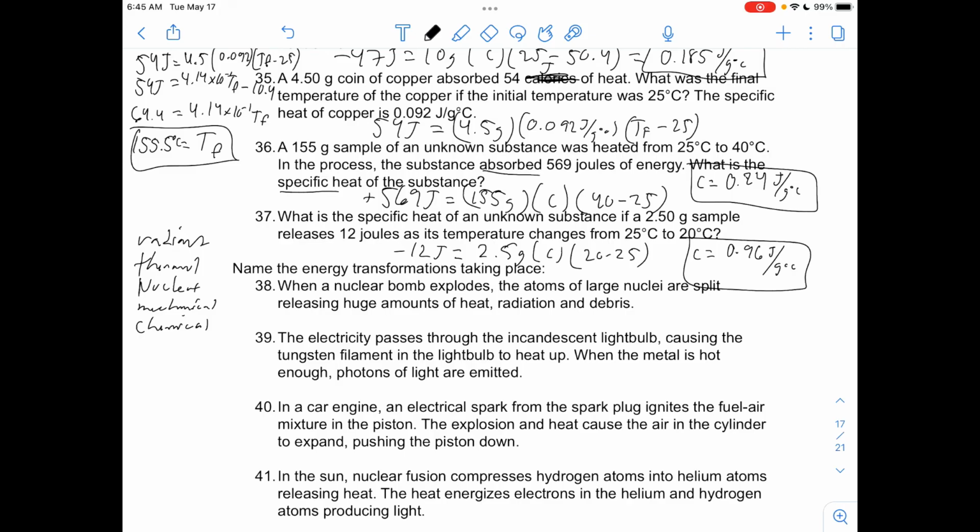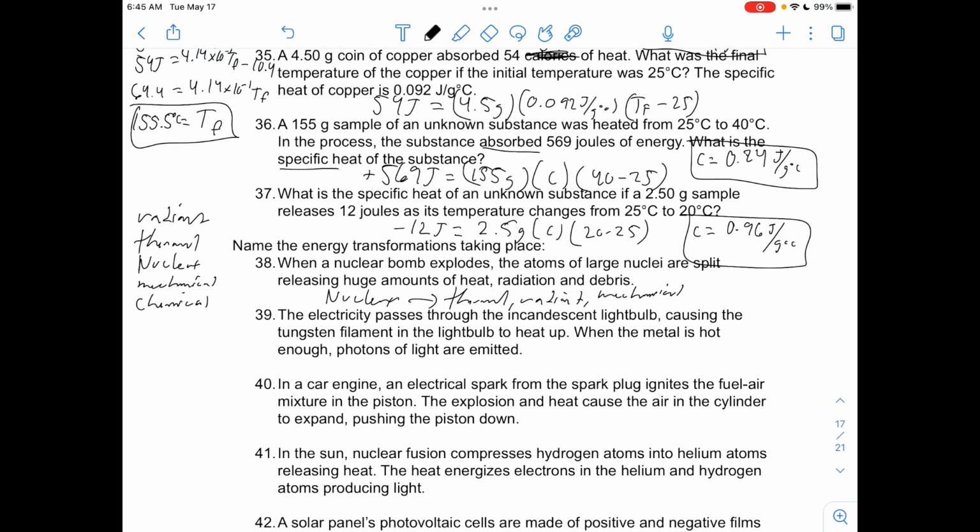So a nuclear bomb explodes, that's nuclear. It releases heat, which is thermal. It also releases radiation, so that would be radiant. And then it would also release debris, which is mechanical.